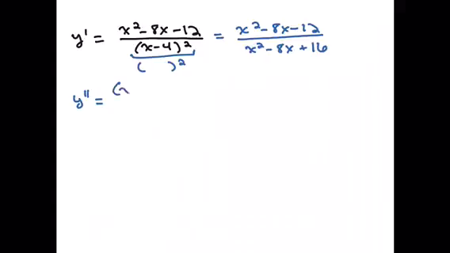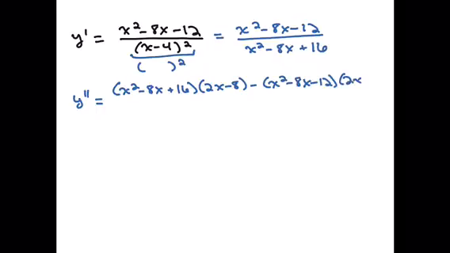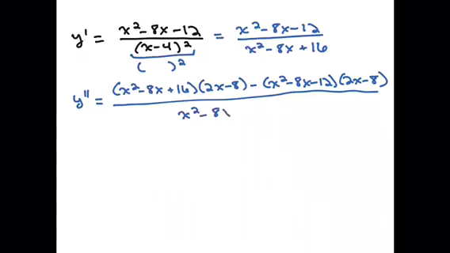Okay, so we do low. D high is 2x minus 8 minus high. D low is also 2x minus 8 over low squared.